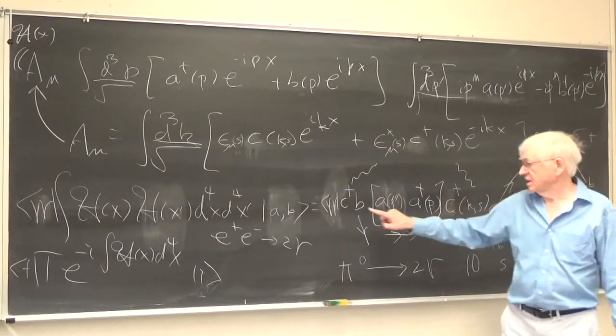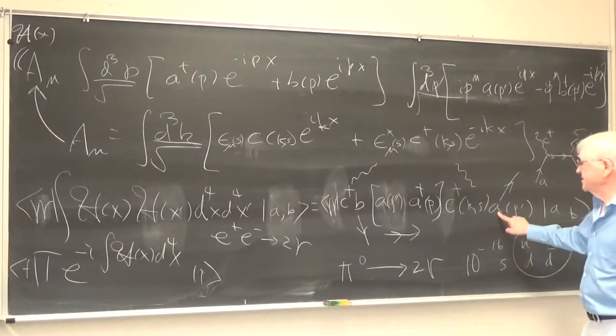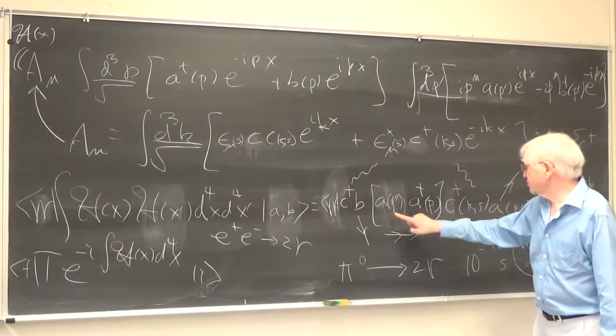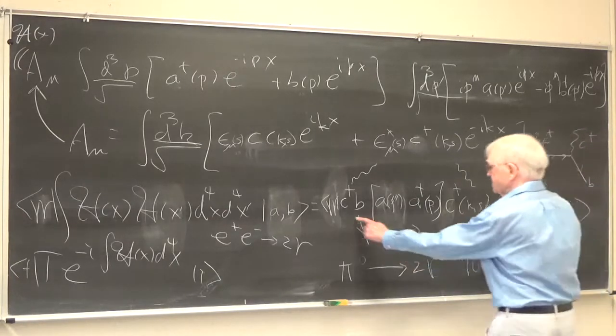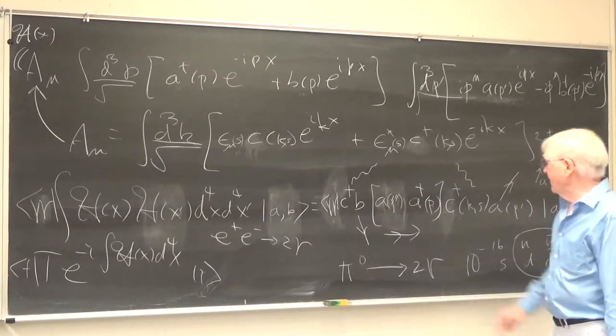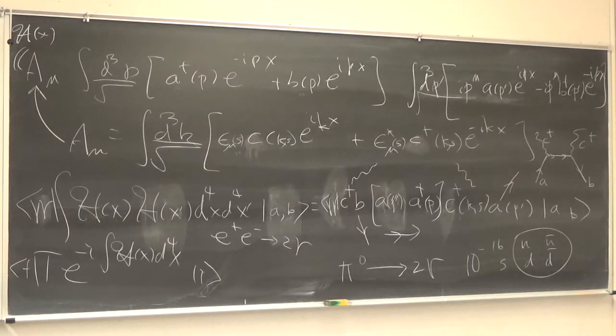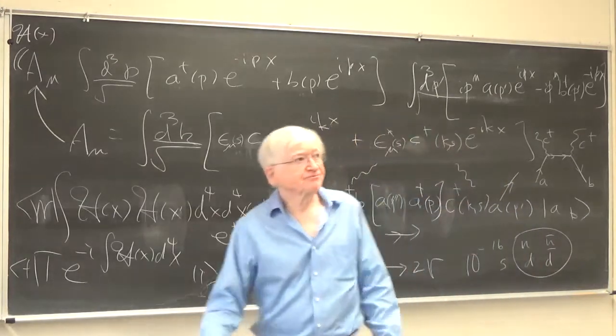This creates a photon, that creates a photon. That turns that into the vacuum. This one times this one. Sure. I see. Oh, wait. Yeah, no. This one times this one turns this into the vacuum. Vacuum times vacuum is unity, so that's non-zero. And this is part of the propagator. Another part of the propagator.